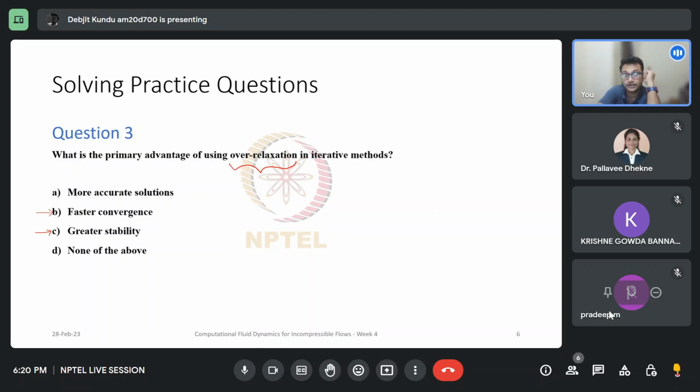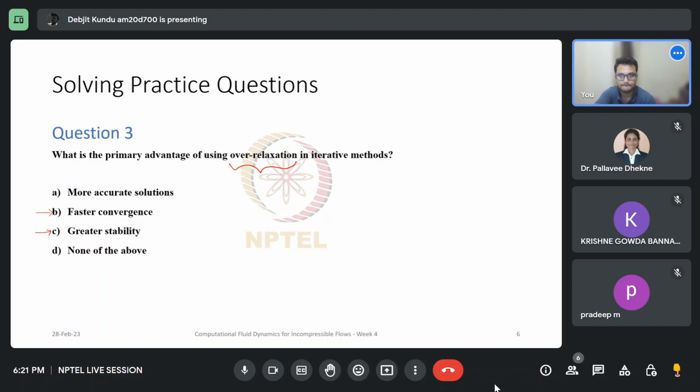Try to figure out the correct option, and once you have done so, you can put in your response in the chat box. If there is anything you'd like to be discussed on over relaxation or iterative methods in general, please try to bring that up. We will have a detailed discussion on it.